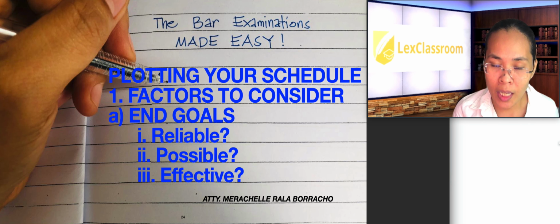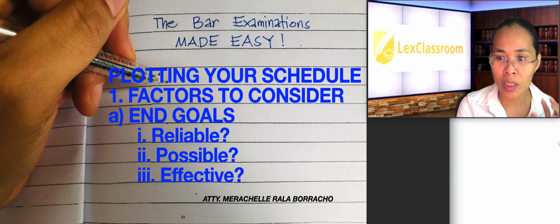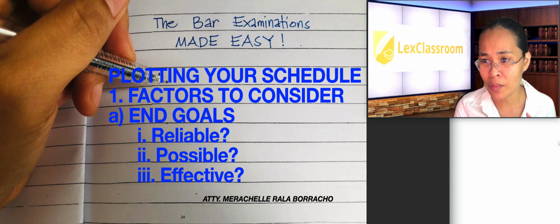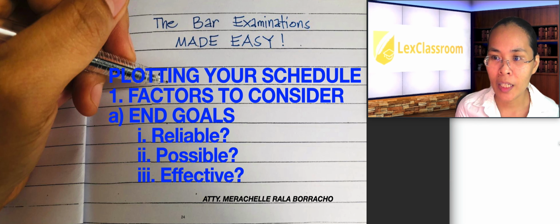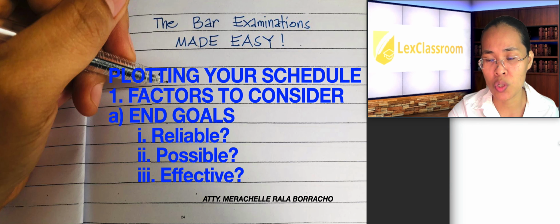And again, the best way to have a good plan is to start plotting your schedule, because at the end of the day, it's more of time and your efforts. Sorry if this bar guide has taken so much of your time, but I really want to emphasize that schedule is really one of the things that would affect your disposition and your mentality as a bar reviewer.